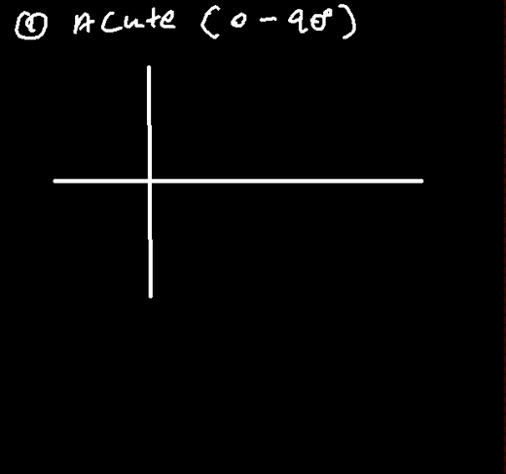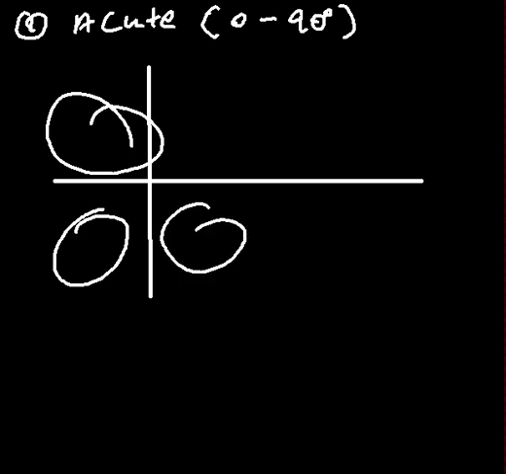Now whenever we are drawing or presenting an angle, we need to start from this vertical line. An acute angle is an angle that can be drawn within this space.